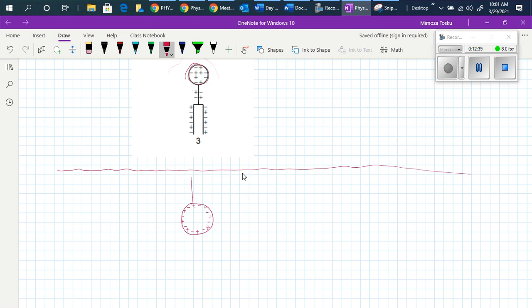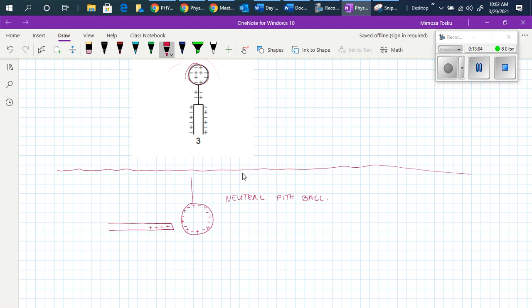Okay, so this is a neutral pith ball. And now what we do is we place close to the pith ball a rod that is, let's say, positively charged.